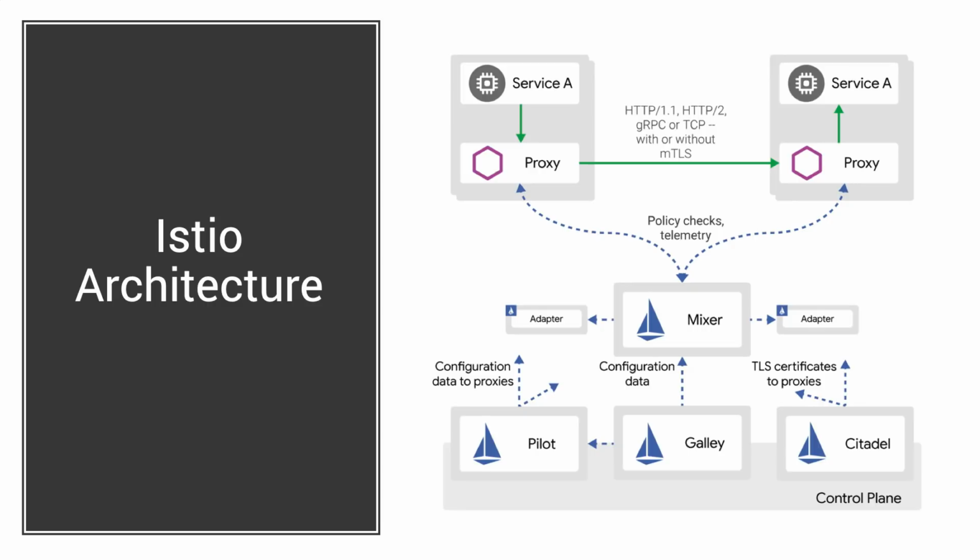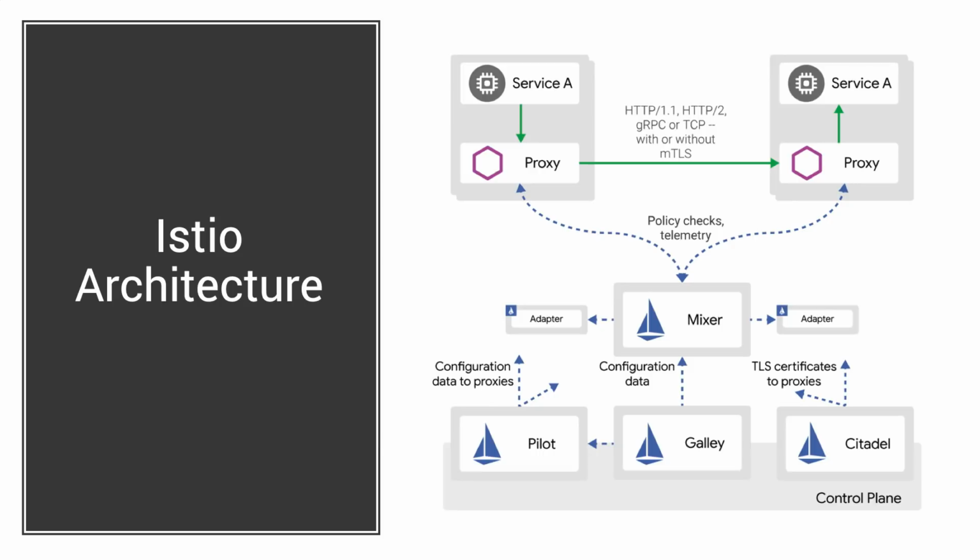And the Mixer is also responsible for using a plugin architecture where it can stream the telemetry to a variety of environments, for example, Datadog, Stackdriver, CloudWatch, or Elk Stack. It depends on how you want to extract the logs and monitoring information and visualize. So that has the adapter architecture where you can easily plug and play with multiple industry standard monitoring and logging tools.